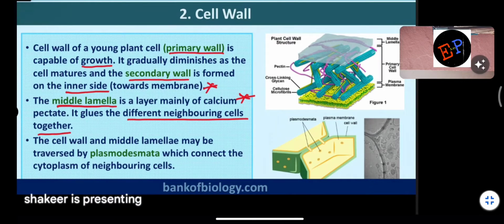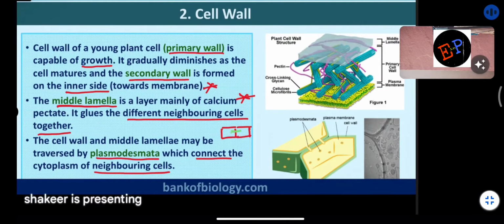Understood? The cell wall and middle lamellae may be traversed by plasmodesmata, which connect the cytoplasm of neighboring cells. What is the meaning of this? This is one cell, this is another cell. In between these two cells, there should be some connection, no? This is the connection.